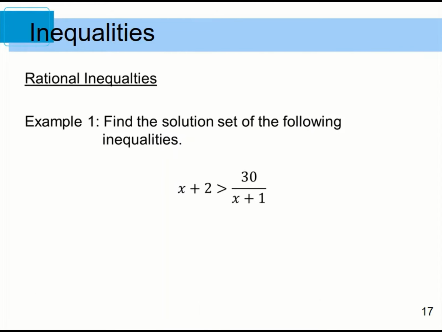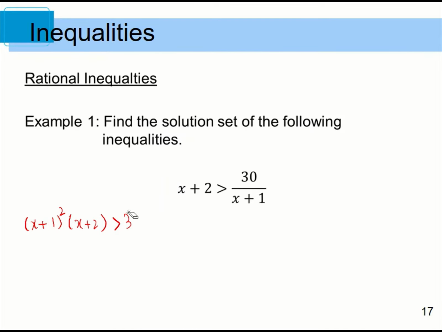Now first, if we use the second method to get rid of the denominator, this is what we do. We are going to multiply both sides by (x+1) squared.